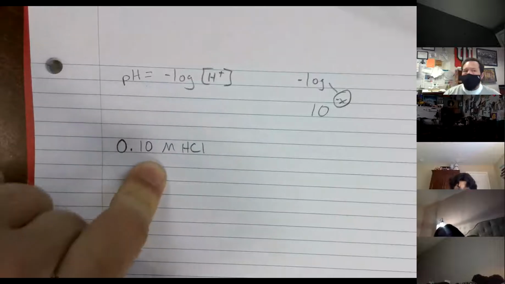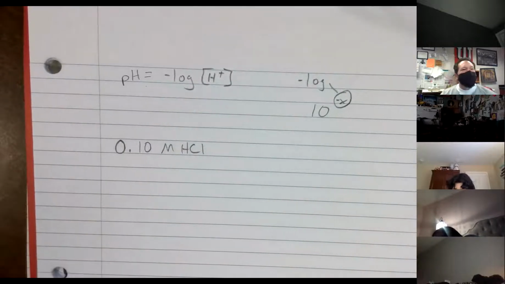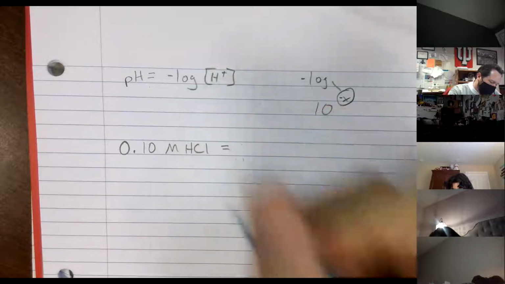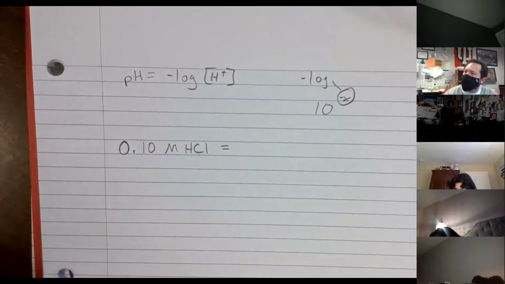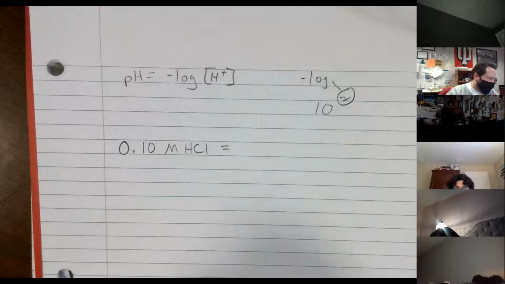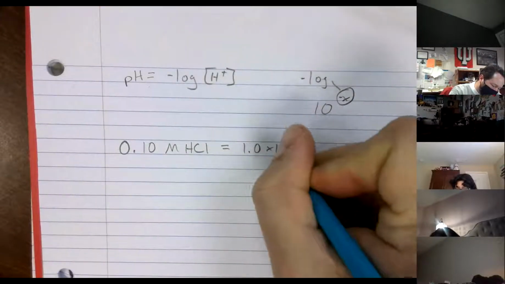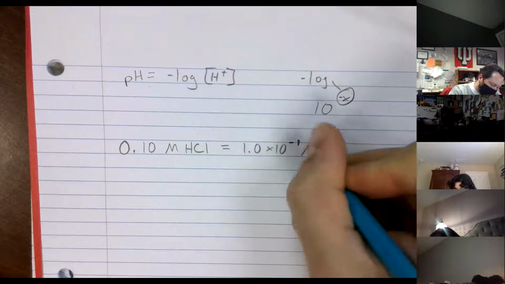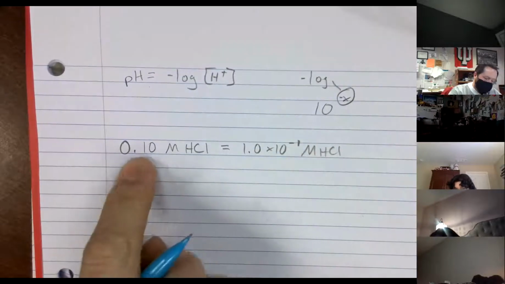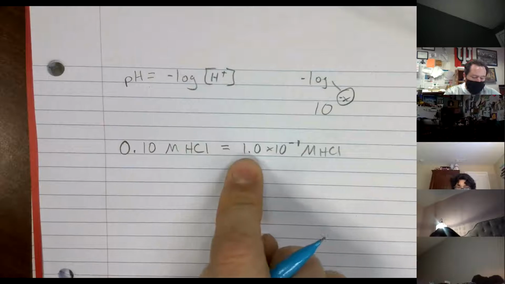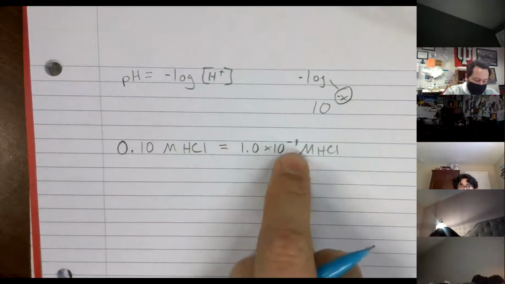So let's say we have a 0.1 molar HCl solution. If I were to put this in scientific notation, I imagine you can all probably do this in your head. 0.10 molar would be the same as 1.0 times 10 to the negative 1.